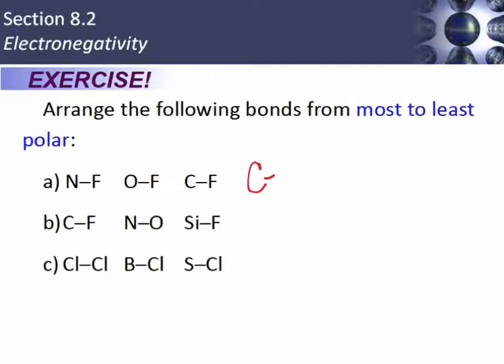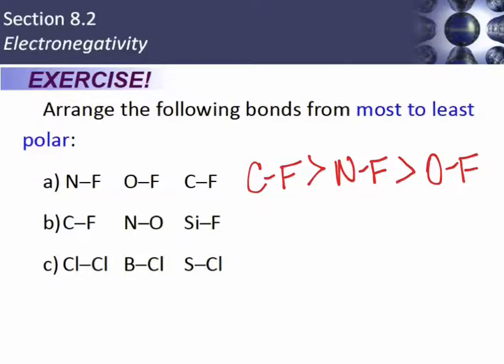CF. So CF is more polar than what's next? NF. And that is more polar than OF.